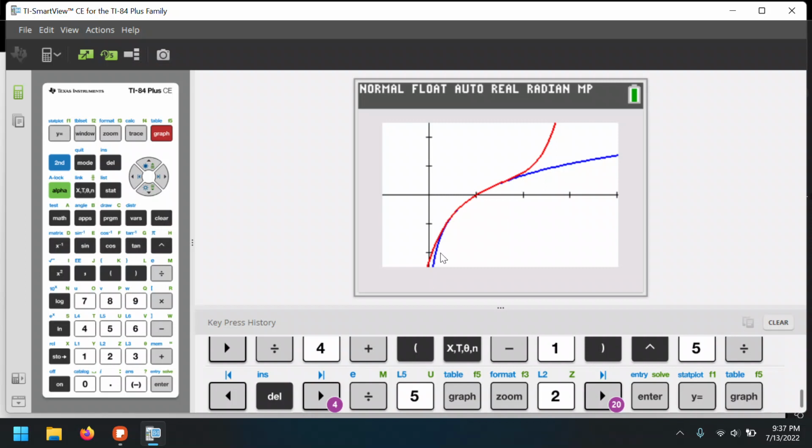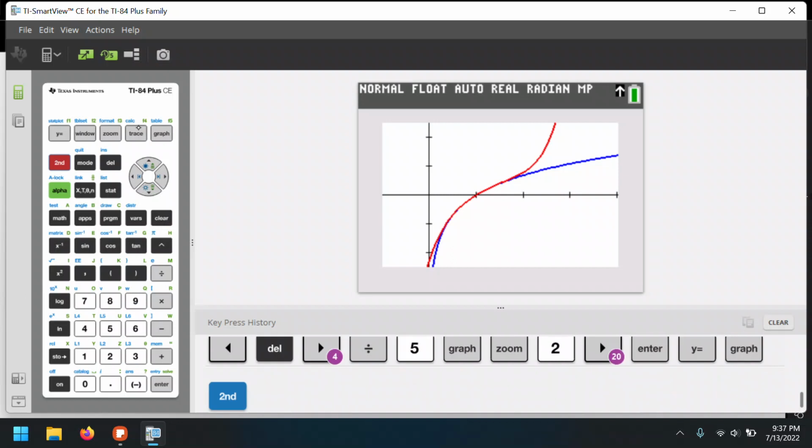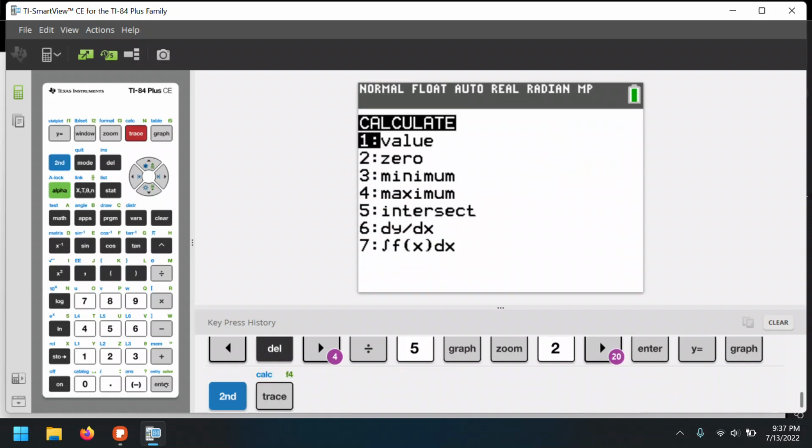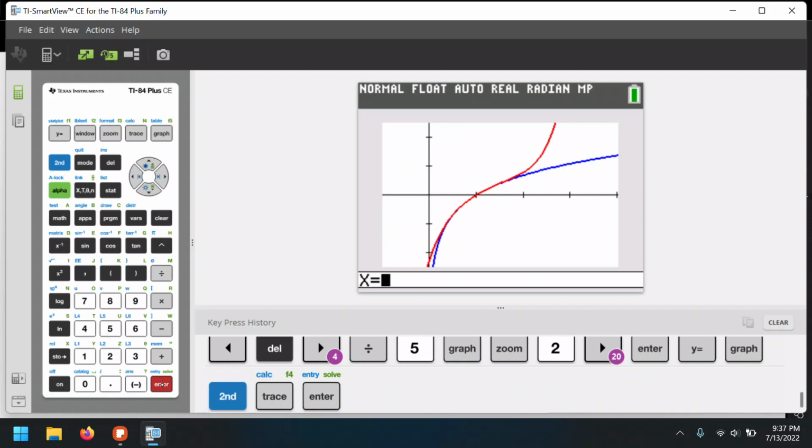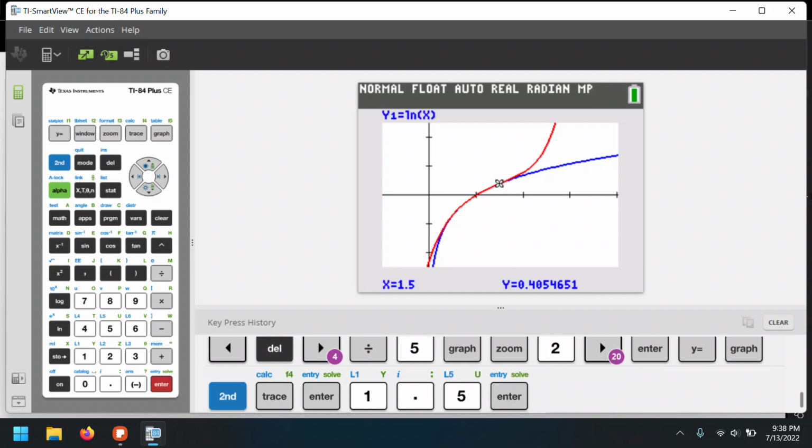So for example, in this case we want to find the value for 1.5. Okay, notice how we're getting this value 0.4054651, etc. But notice how the two values are pretty much the same.